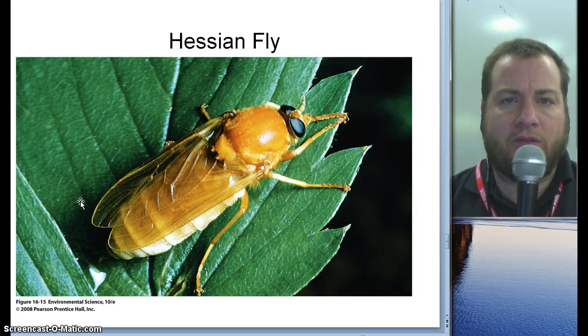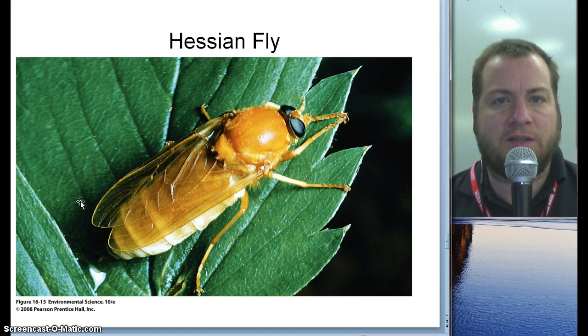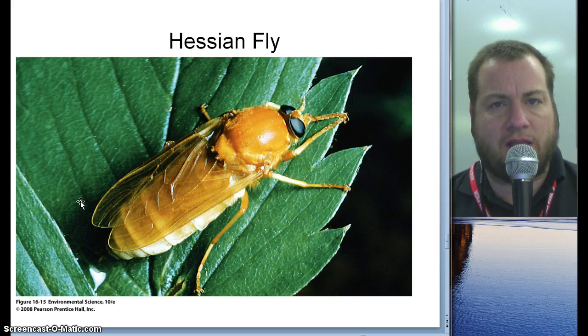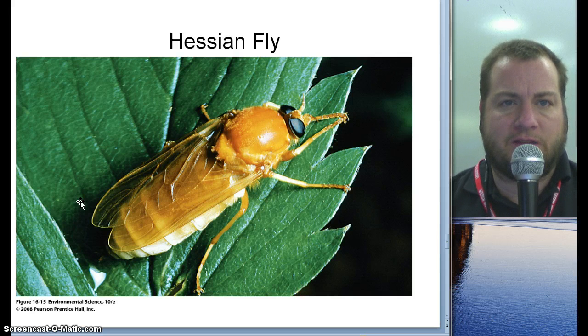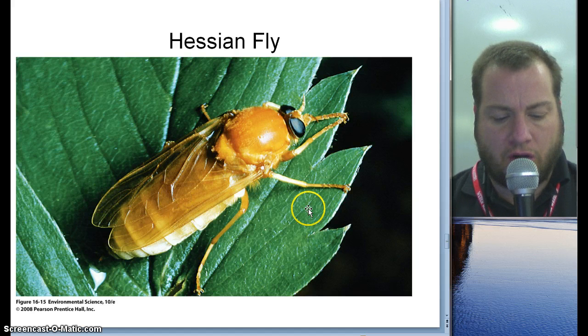In evolution, we call that the evolutionary arms race. There will always be some individuals that are slightly more resistant, like the Hessian fly, and then there will be some individuals of wheat that are slightly more resistant to the Hessian flies. And so this resistance escalates back and forth and back and forth. It's called an evolutionary arms race.